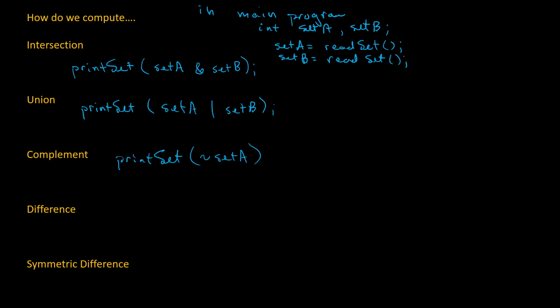Difference is our most complex one. What is the difference? Those things in set A that are not in set B. How do I get the things not in set B?